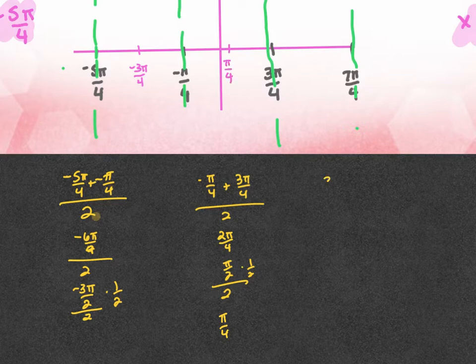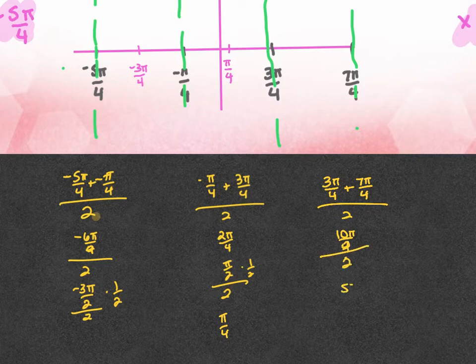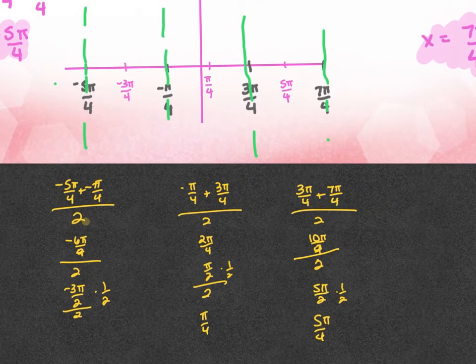And then halfway between 3 pi over 4 and 7 pi over 4, 10 pi over 4, 5 pi over 2 times a half, 5 pi over 4. Is there an easier way to do it? Nope. Sometimes the numbers are just yucky. Those are your x-intercepts.